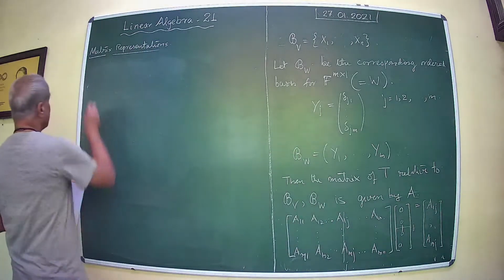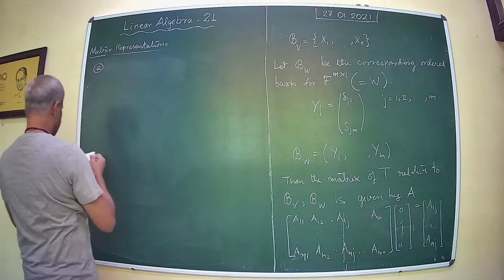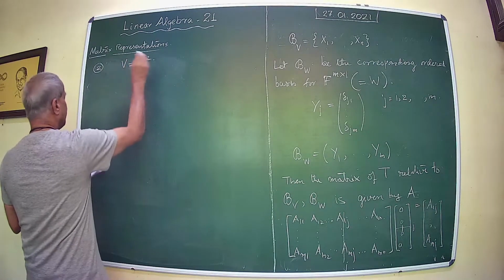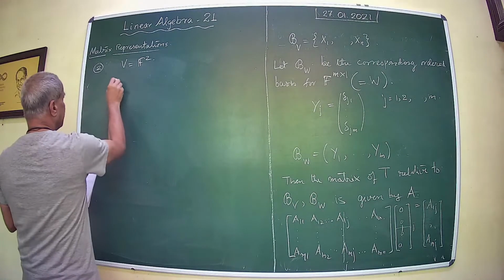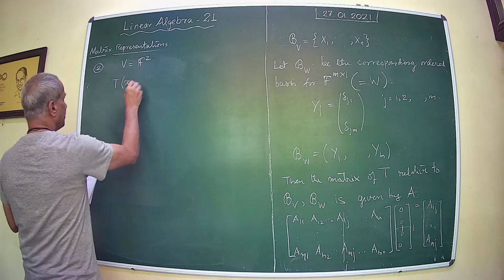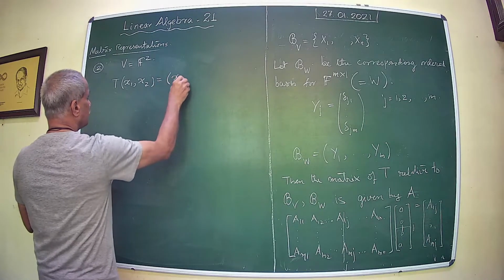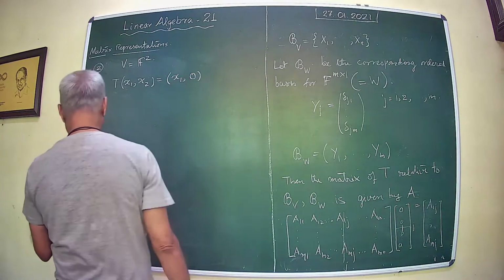Take the second example. Let us take the R2 to R2 operator, something like projection operators.